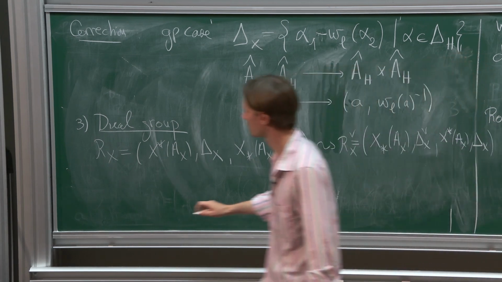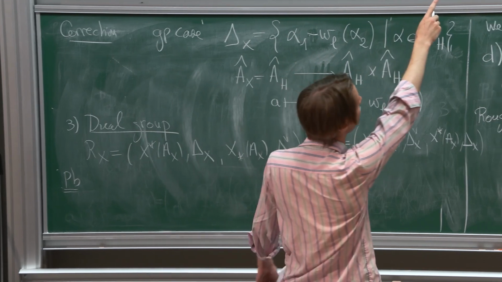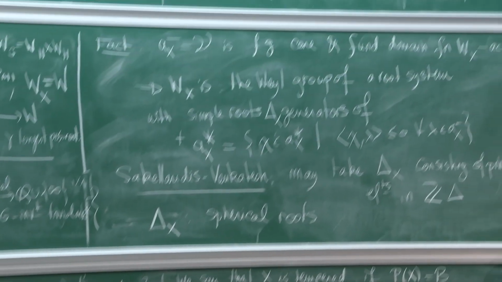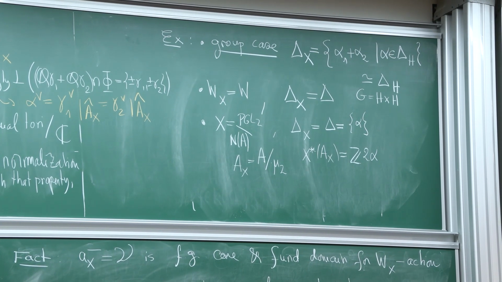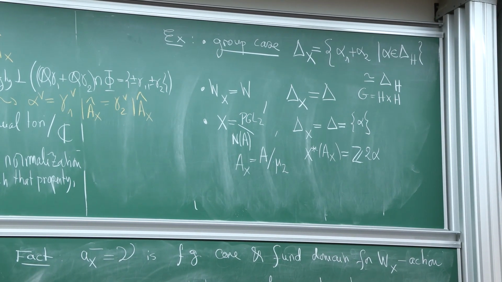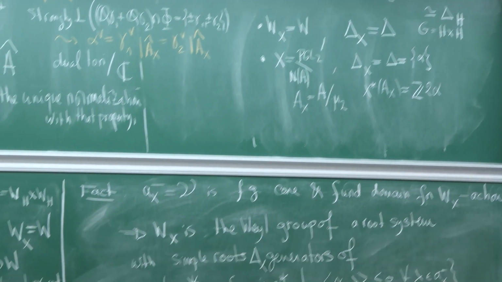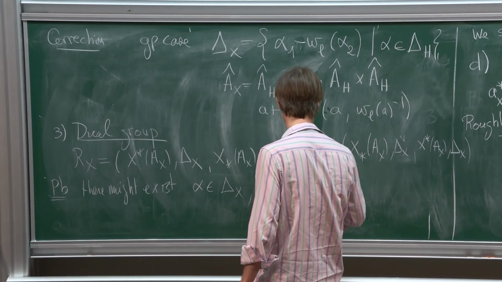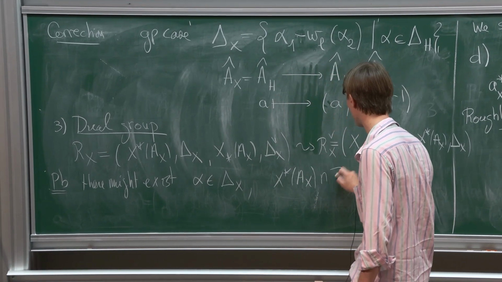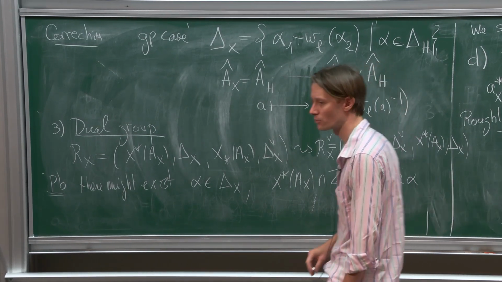But the problem is, and you can already see it on this example above for PGL2 mod normalizer, that there might exist some alpha in delta X such that when you intersect the weight lattice with the line generated by alpha, you only get the line generated by 2 alpha.